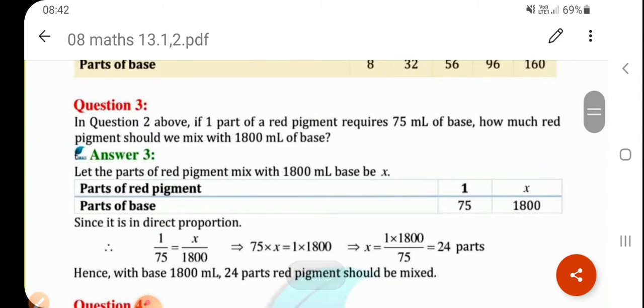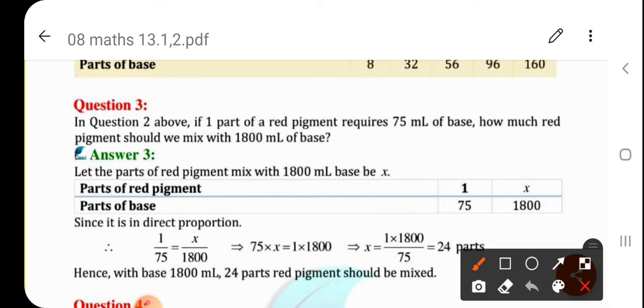Third question. In question 2 above, if one part of red pigment requires 75 ml of base. So here, in any one quantity, that is, any liquid material, red pigment is there and some base is there.